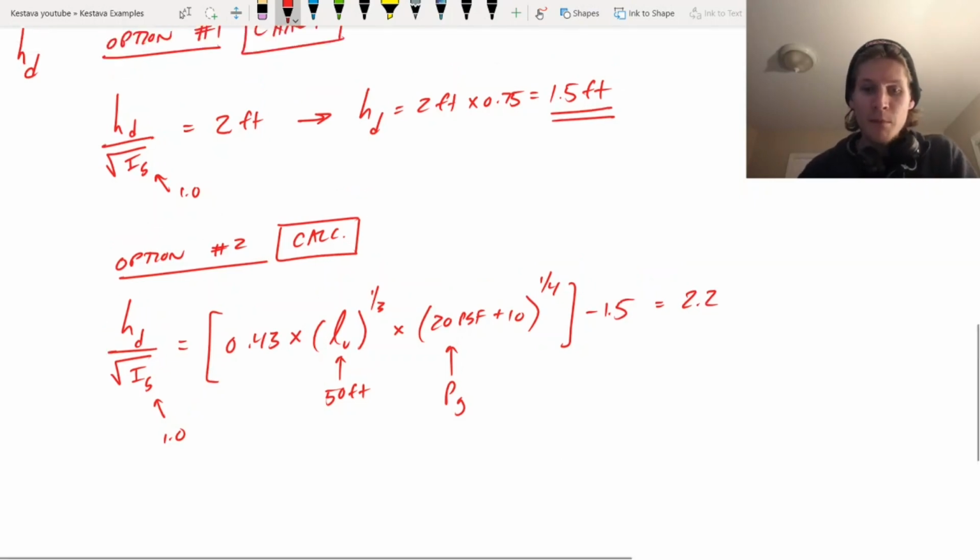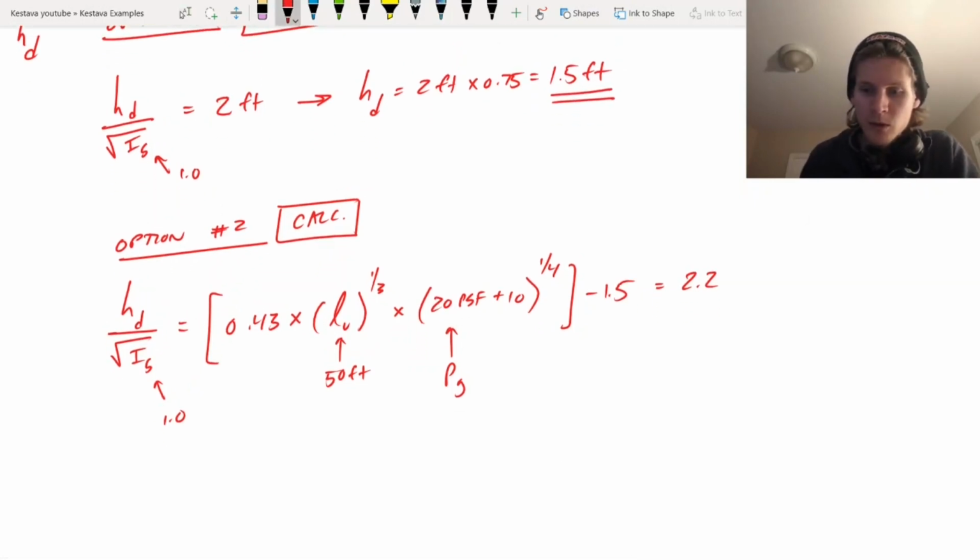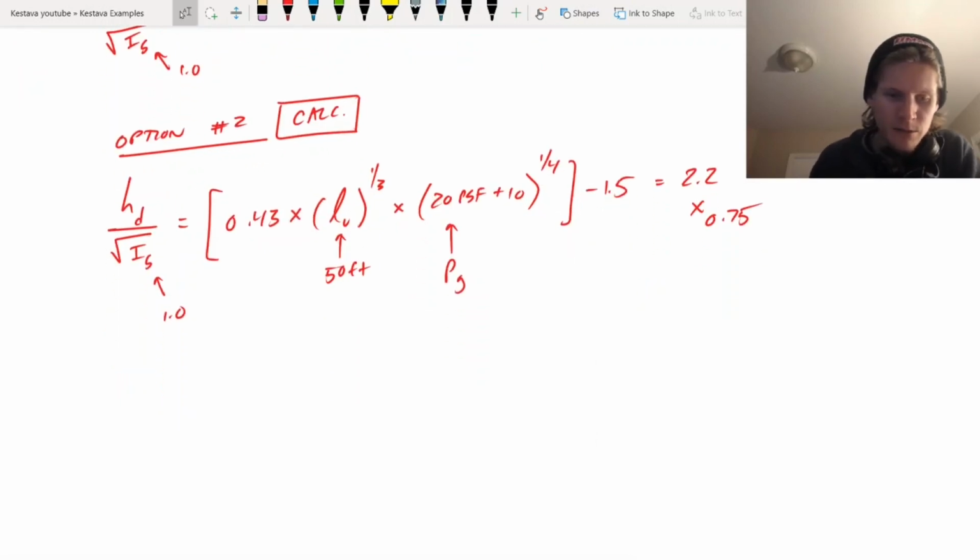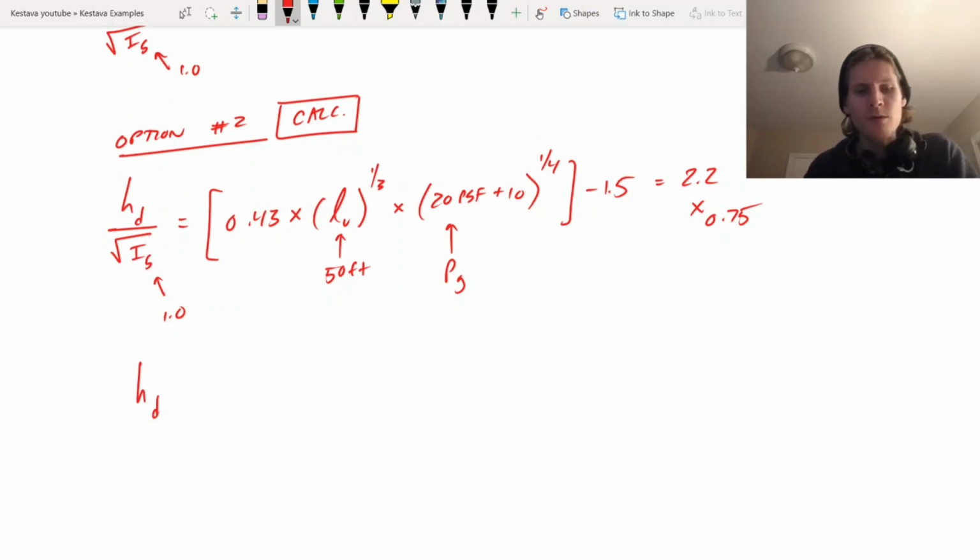And as we saw above, for parapets, we need to multiply that by 0.75. So for option number 2, h_d, and we know that the square root of 1.0 is just 1, so that all goes away. So it just ends up being h_d equals 0.75 times 2.2, which equals 1.66 feet.